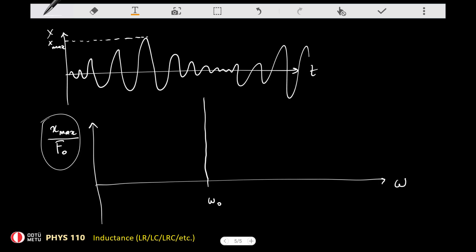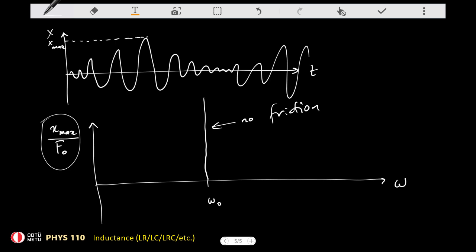As a result, the amplitude continues increasing. So let's say it like this: no friction. If there is no friction, there will be an extremely large response in there. If this is infinite, then it's not possible to plot all the other things.